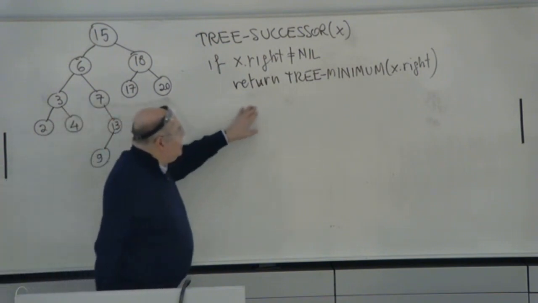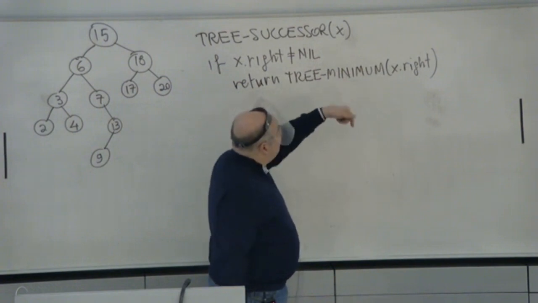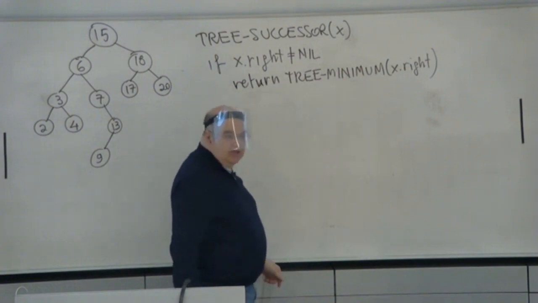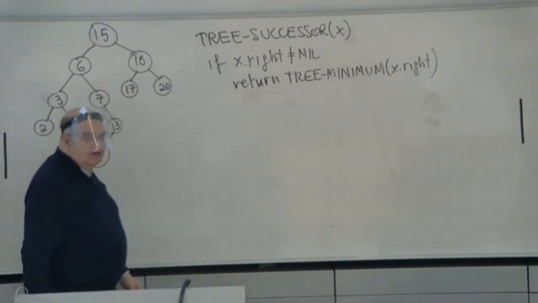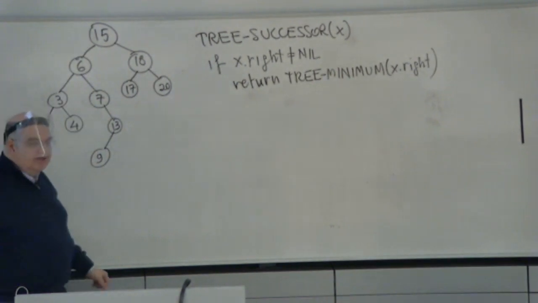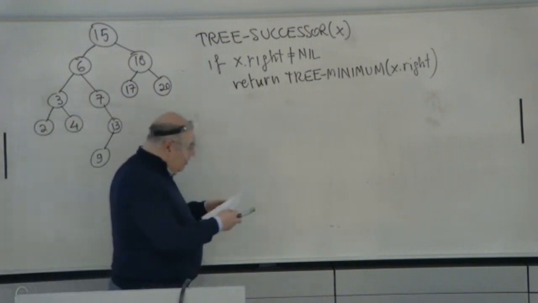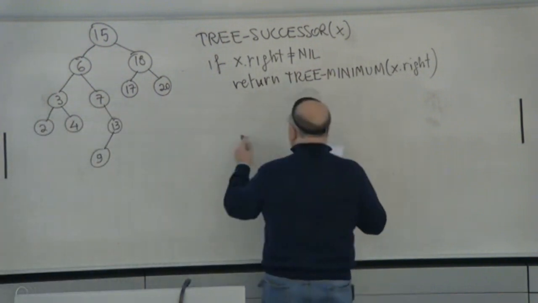In this case, tree minimum is order of h, since you are going down the tree. Yes, of course, but this saves time. So, we see what happens in this case.